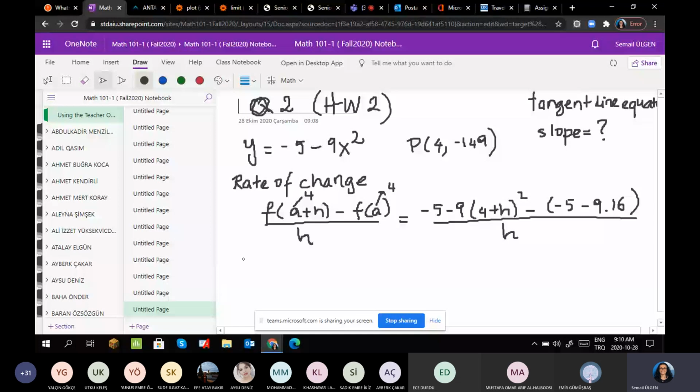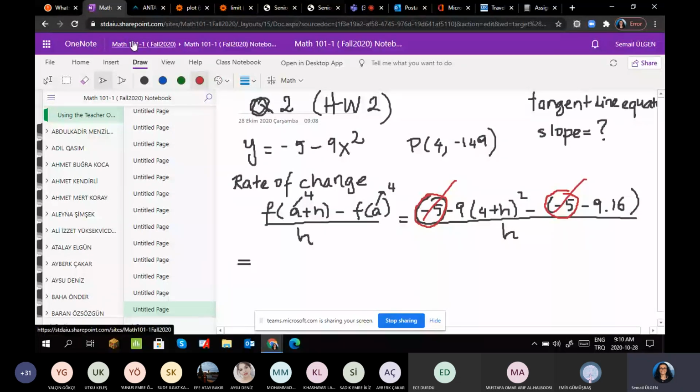So what you're going to do, you're going to simplify it. I have -5 here. Let me use the red color here. Okay, I have -5 here. I have -5 plus 5 here. Okay, they are going to cancel. Because of this negative here, they cancel. This is going to cancel with this.